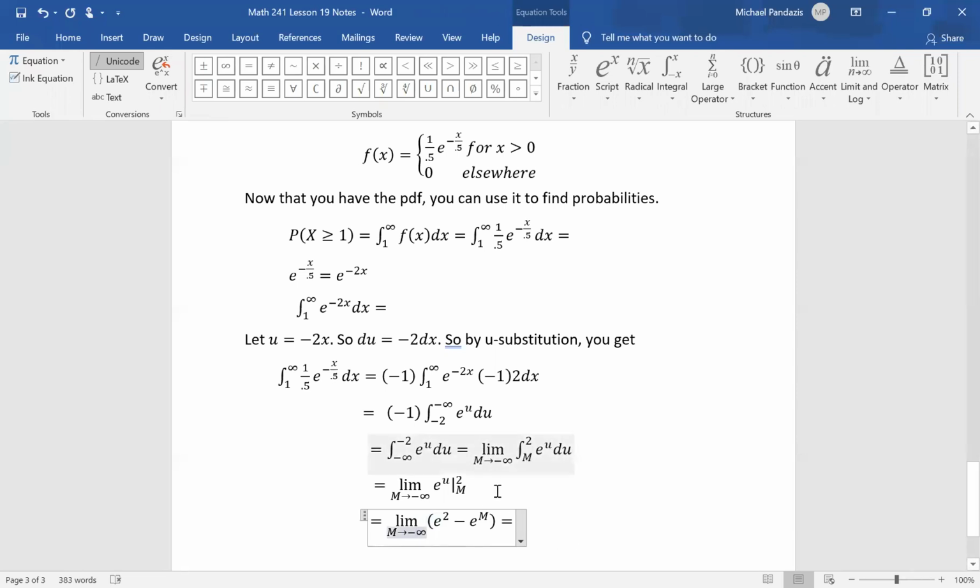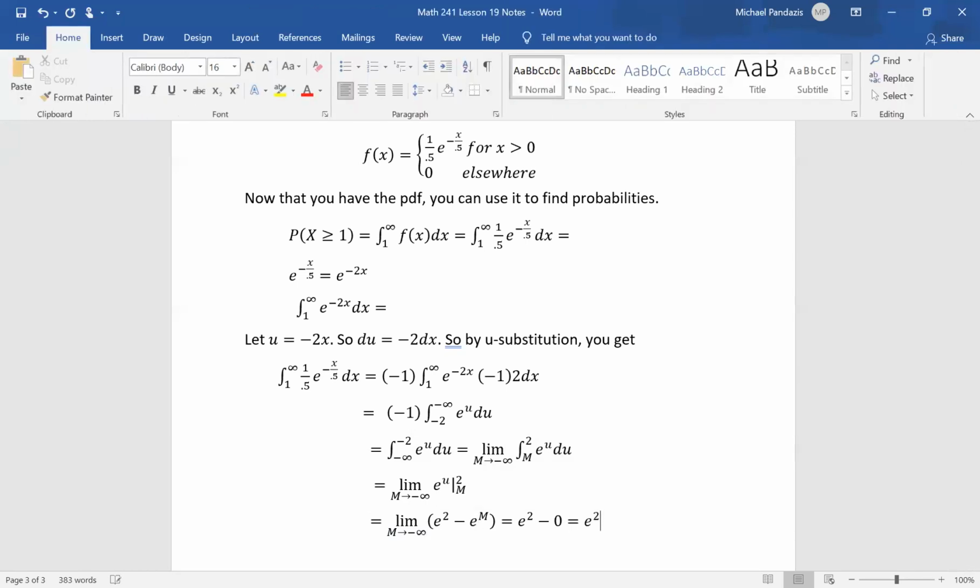Okay. And then the limit of a constant is just that same constant. So this is e squared. Then minus the limit of e to the M as M approaches negative infinity is 0. It's e squared minus 0, which is e squared.